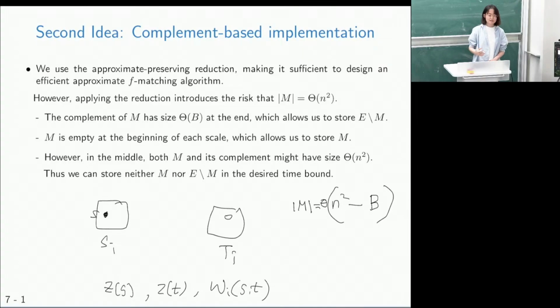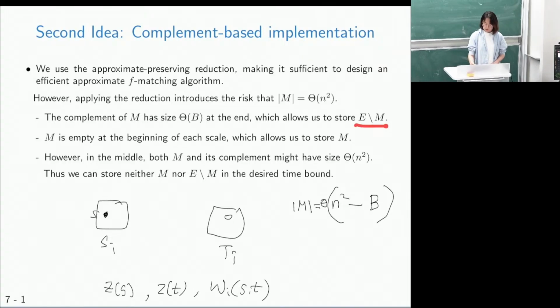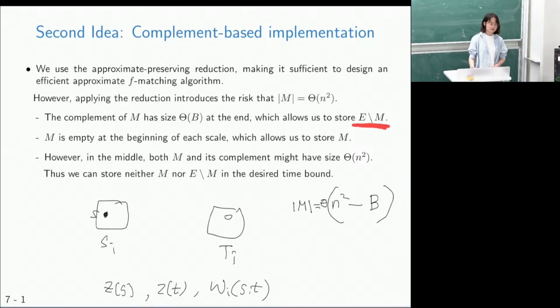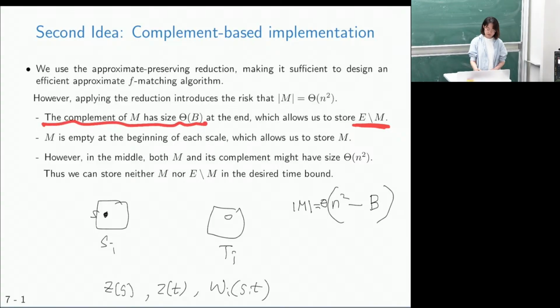So in this case, we can store the complement of M explicitly, because the complement of M has size order of b. However, in the middle of the algorithm, both M and its complement might have quadratic size.